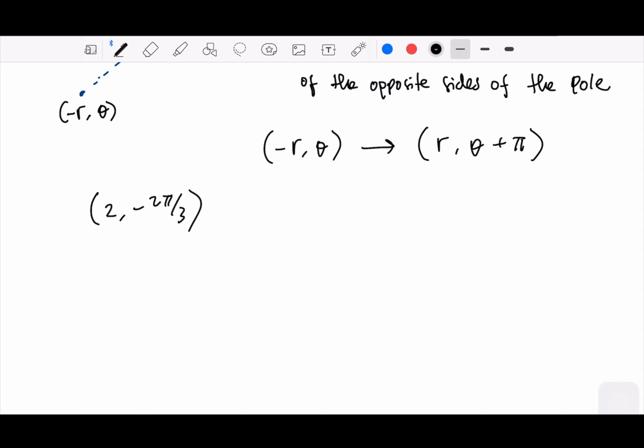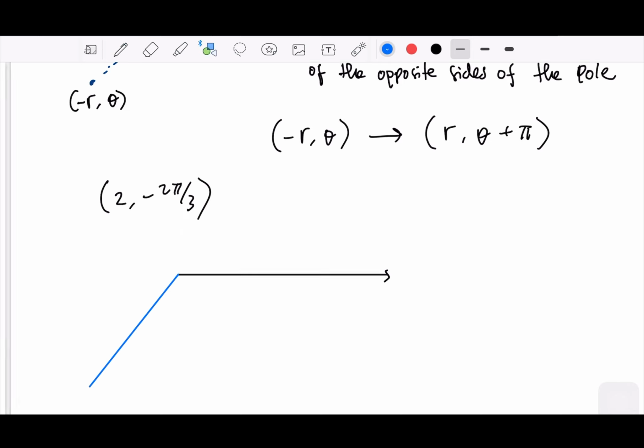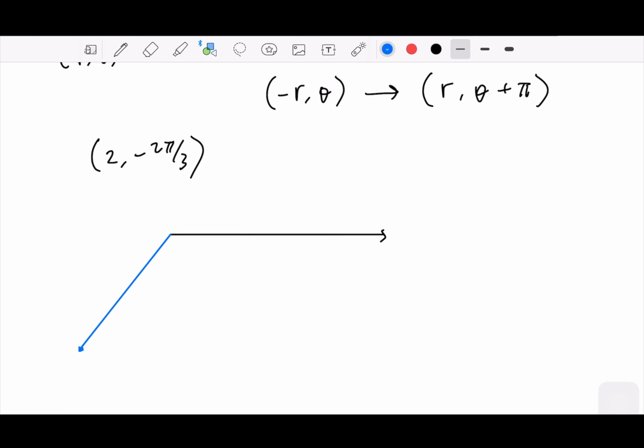Clockwise. So let's say this is the polar axis, and maybe around that point. Maybe I will make it more straight like that. So maybe this is negative 2 pi over 3.